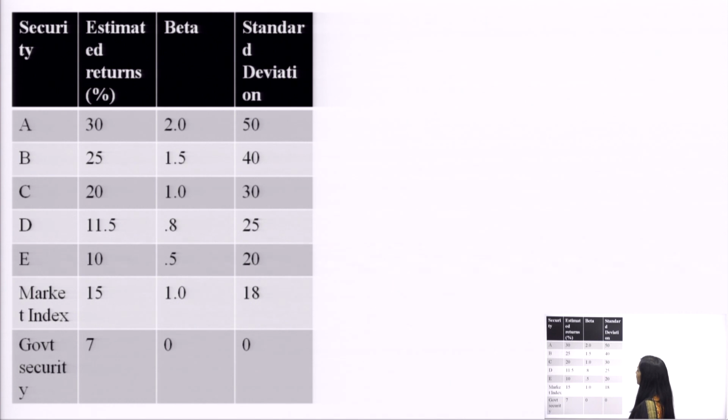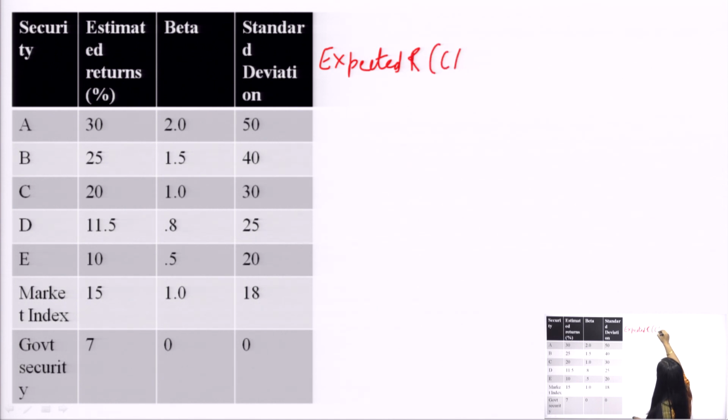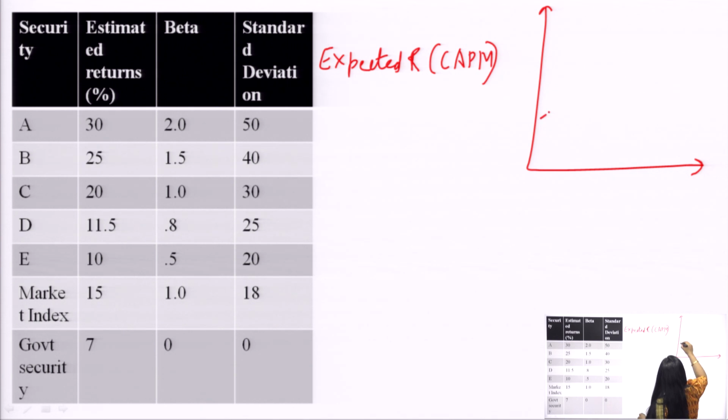This is being provided to us. We have to calculate the expected return according to the CAPM model, means we want to find out whether these securities would lie on this SML line or not.